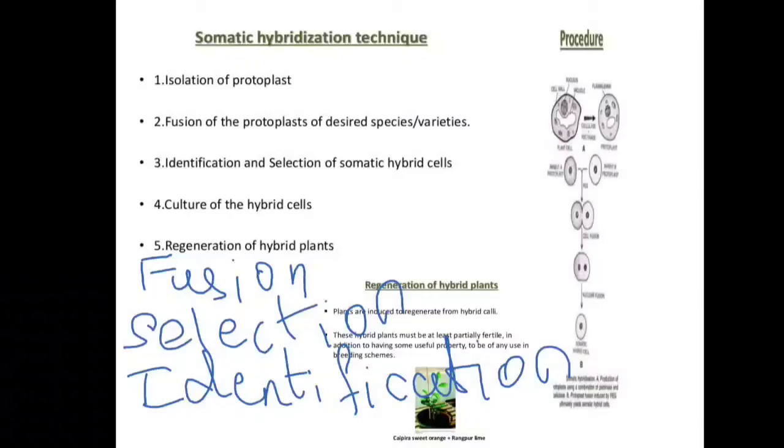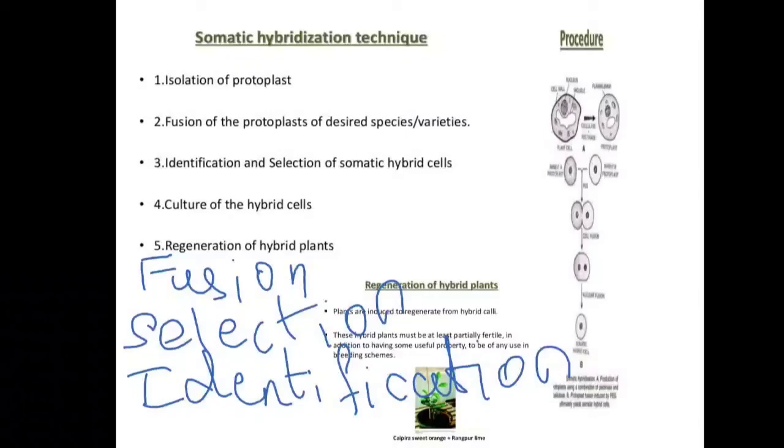Okay, and in the next step, that is plasma membrane fusion, high pH and high Ca2+ ions are applied here, and the high temperature also helps lipid molecules accumulate in the protoplast membrane, so that membrane fusion occurs.